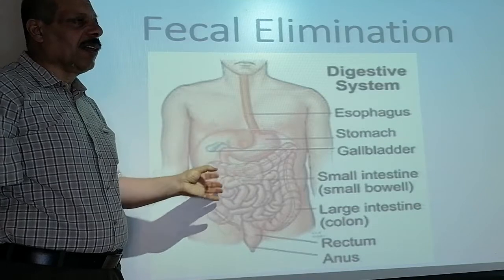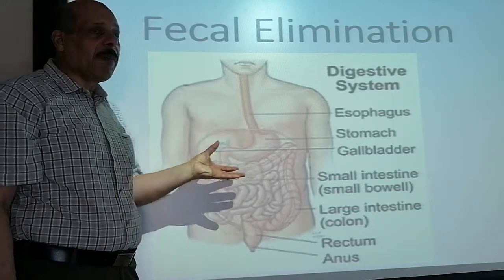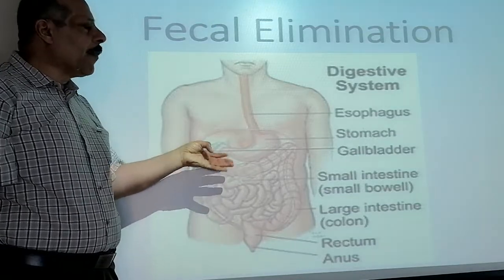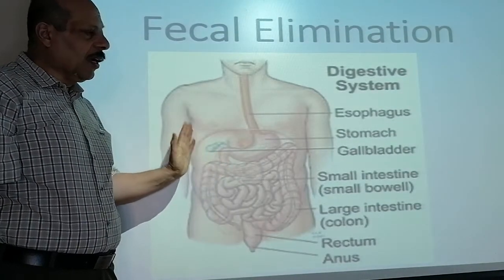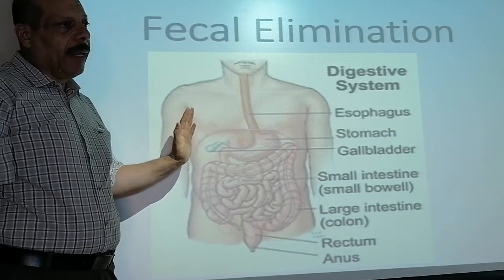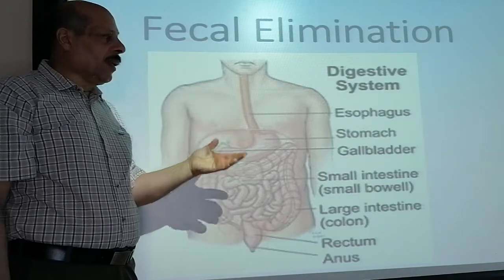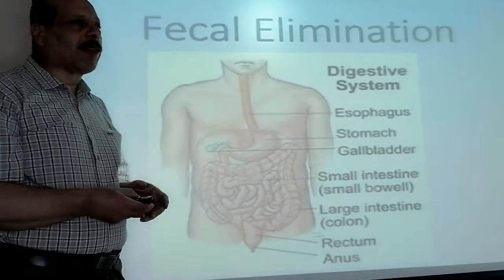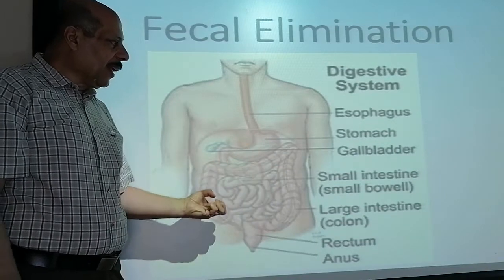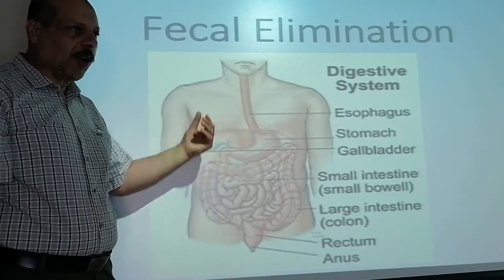Also, some chemical digestion will happen in the small intestine through the pancreatic juice, and also through the liver or gallbladder excretion. Then the intestinal absorption will take place.